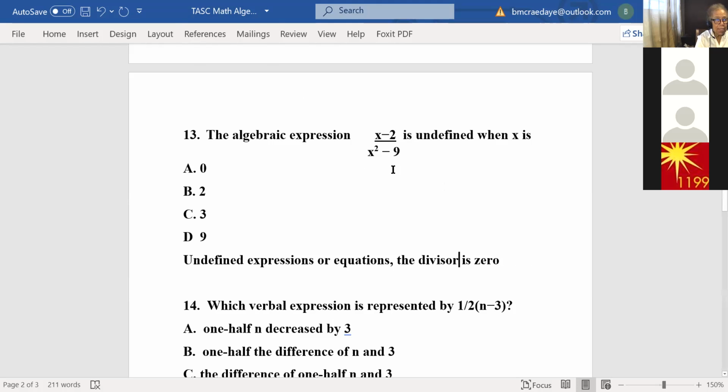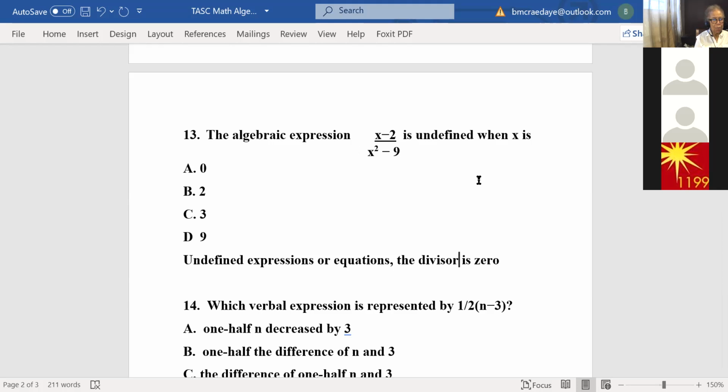Now, this is the divisor right here, x squared minus 9. Vanessa, what makes this divisor 0? What would x have to be?